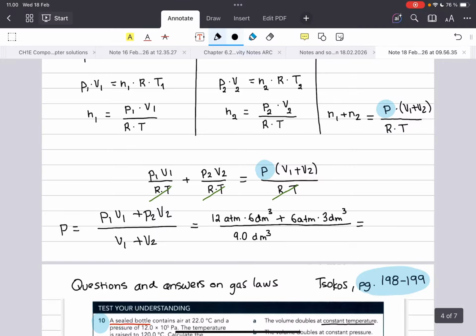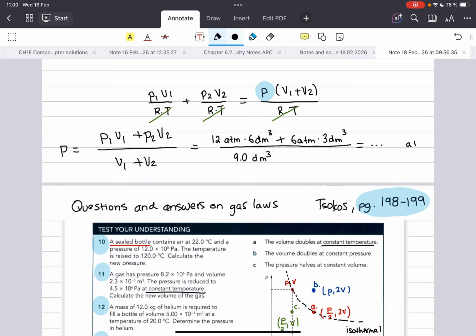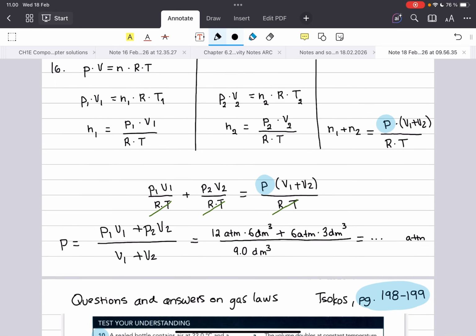There you go. And you will do the calculation here. You will find the pressure in atmospheres. And that's about it.